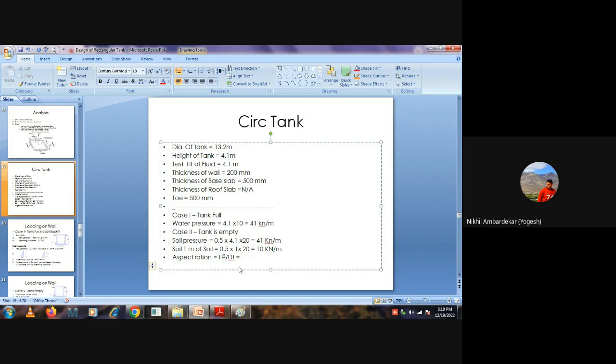What will be the aspect ratio? I will also try to calculate h square. Sir, t is not mentioned. T is given here, the thickness of the wall. Okay, sir.